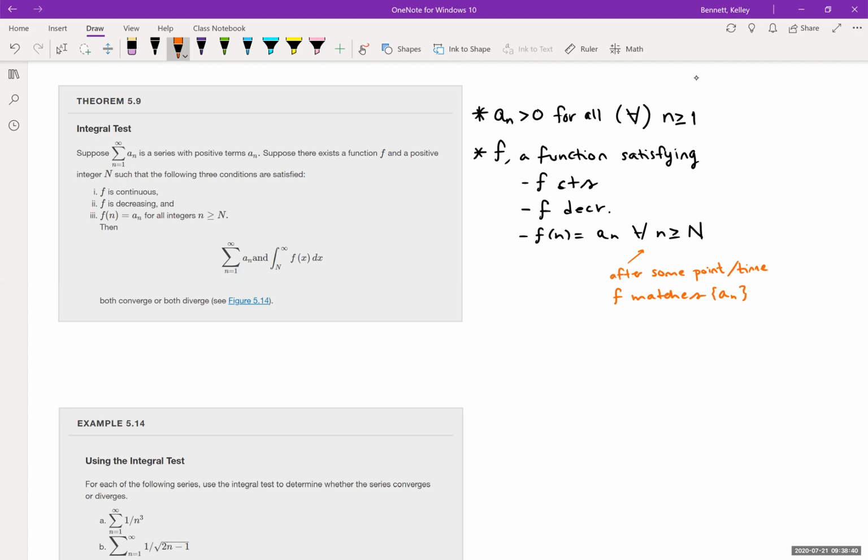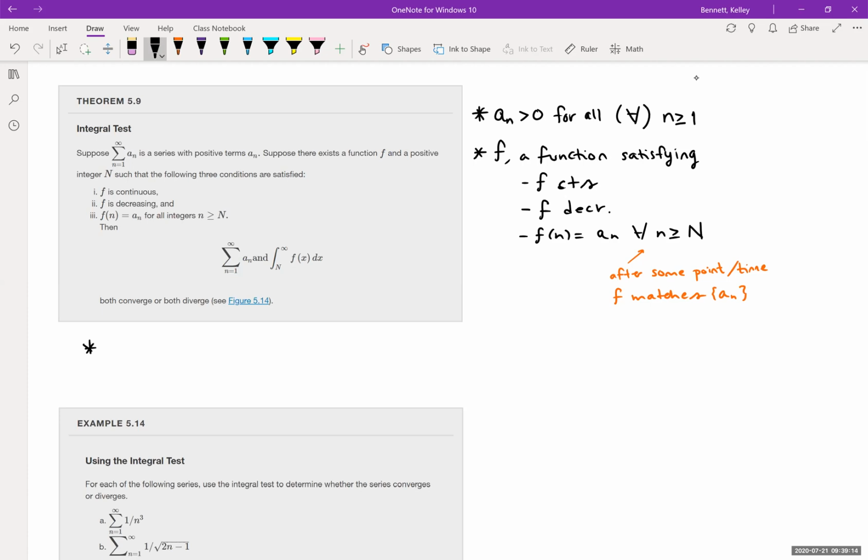So once we have those things determined, then we can go ahead and use Theorem 5.9 for the integral test. That is, if the integral from N to infinity of f of x converges, then so does the series, and vice versa. Also, if the integral from N to infinity of f of x diverges, then so does the series. So if you can get this going, then they behave exactly the same as far as convergence, divergence.